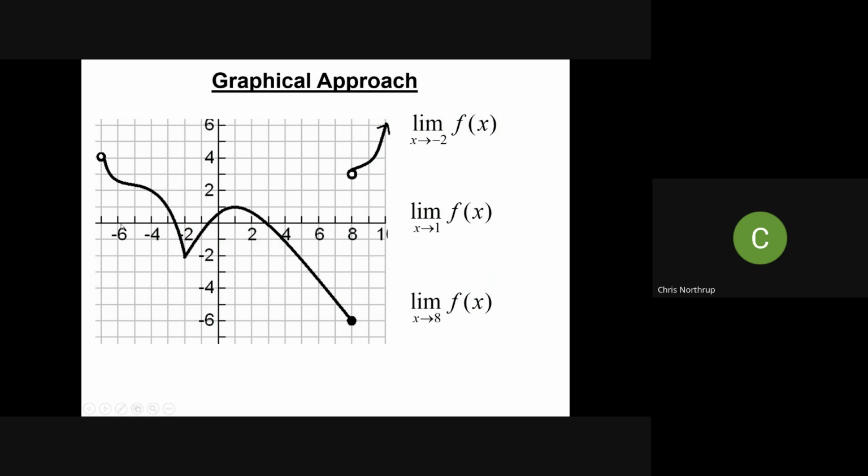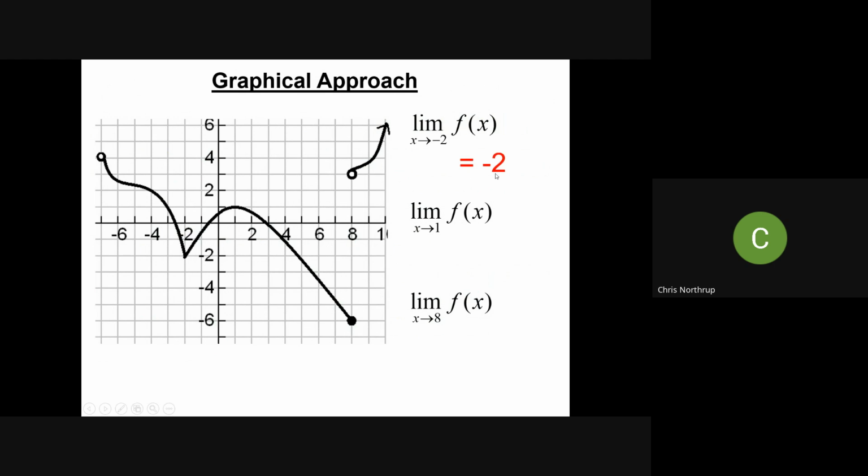As I get close to -2 on the x, the y values seem like they're getting really close to -2 on the y. Now, if I come from the right, if my x's are approaching -2 from the right, my y values are also approaching -2. It just so happened that the y value I'm approaching turned out to be my limit.